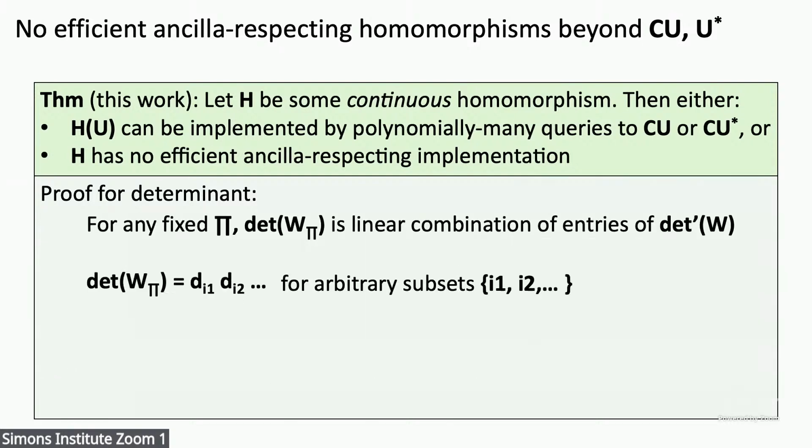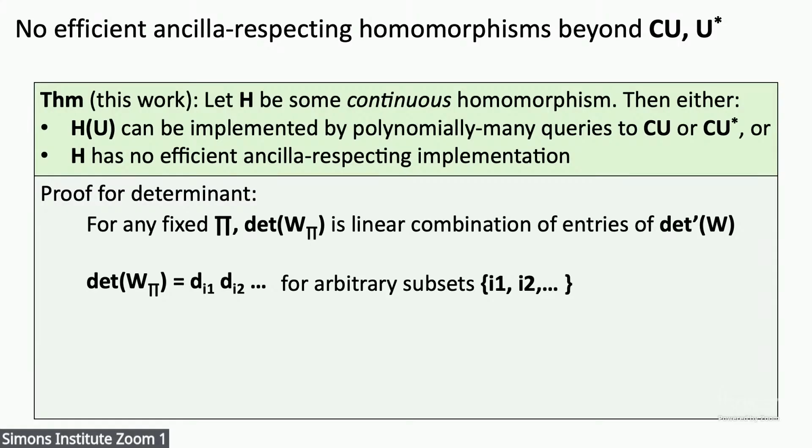Okay, and now we're basically done. Remember I said that W was just this diagonal matrix. I'm treating everything as a formal variable. And now, what is the determinant of W pi? Well, in W pi, I just scrambled the entries in some way according to pi. Some of them are going to be in this initial segment, the rest are going to be outside. And then the determinant is just the product of the diagonal entries.